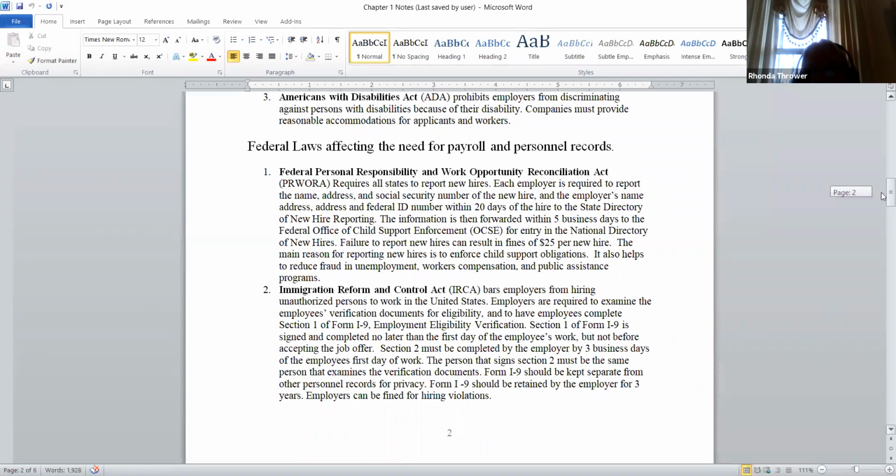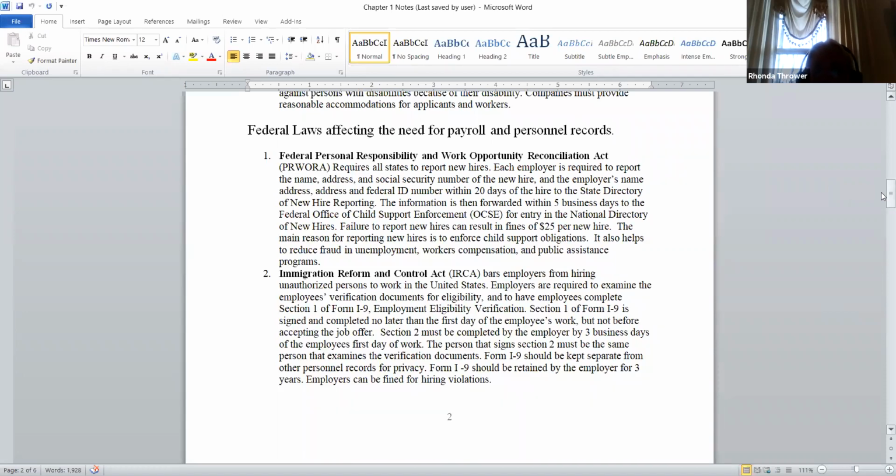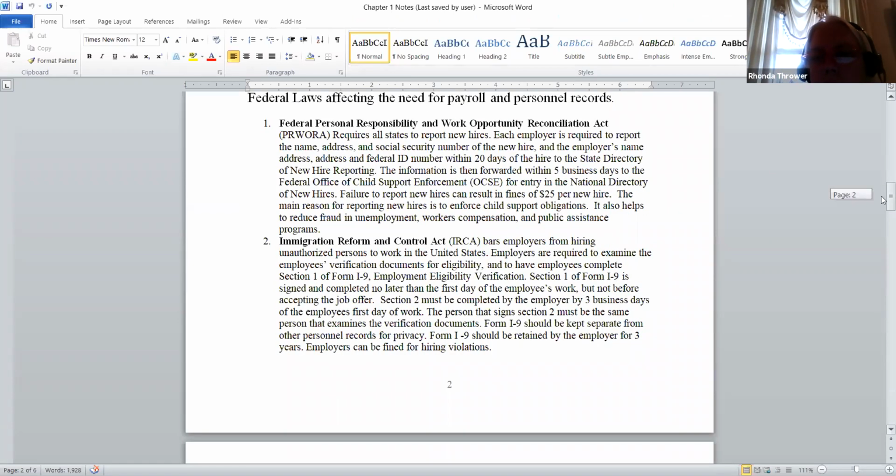So these are laws that you need to become familiar with if you're working in payroll and personnel records. And by the way, payroll in some companies is kept separate from the personnel records. But in today's world, the trend is for personnel to take care of payroll records. So some things have changed over the years, and it's not just a payroll department that we're talking about.